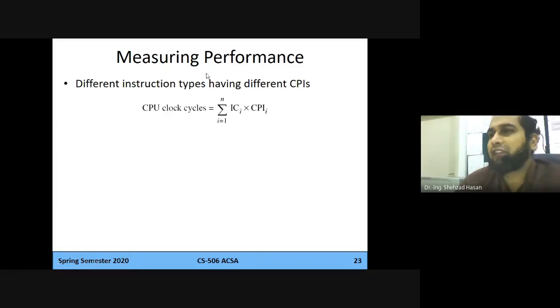Say we have n different instruction classes. When we know the CPI of a particular class is the same, we take the instruction count from the whole program. For example, there are 5,000 add instructions, 2,000 load store instructions, and 1,000 branch instructions. You take the instruction count and multiply it by the CPI to get the clock cycles.